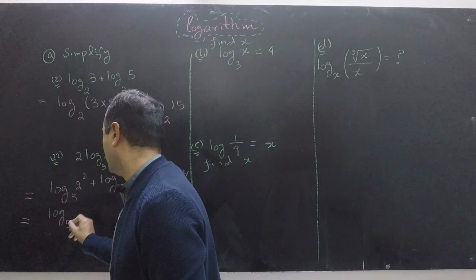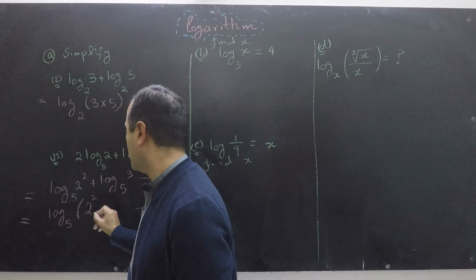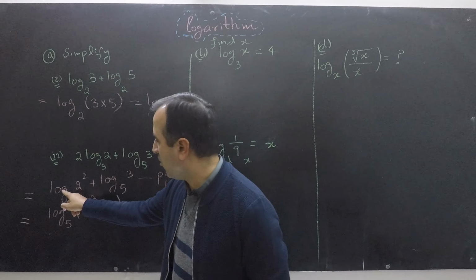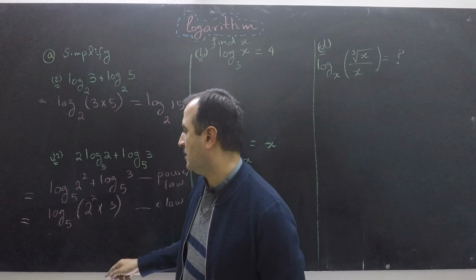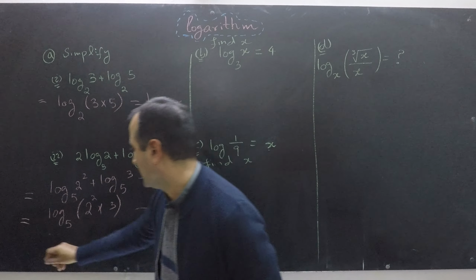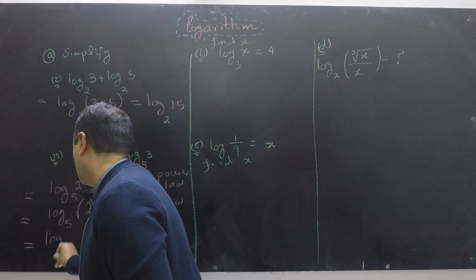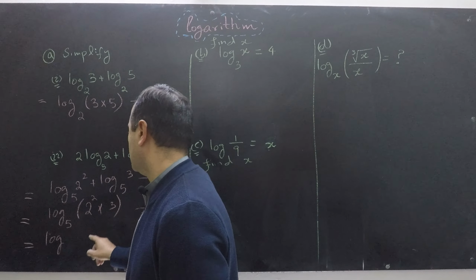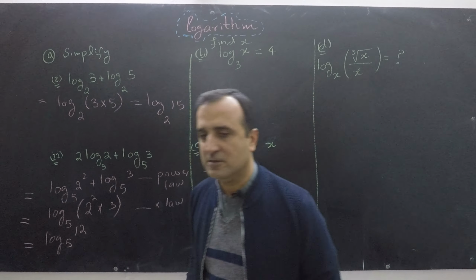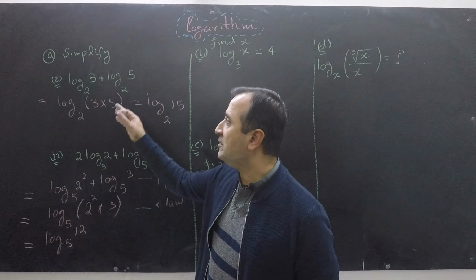So base is 5 and inside we're going to have 2 raised to power 2 times 3, because when logs are being added we can multiply the result and write 1 log once, and this is going to be equals to log 4 times 3 is 12 base 5. Once again we can find the answer using calculator, but I'm leaving it here. So I've done 2 questions.